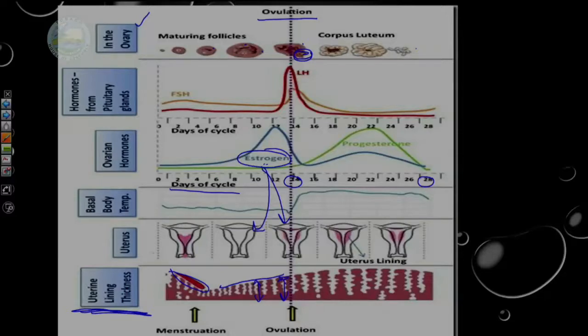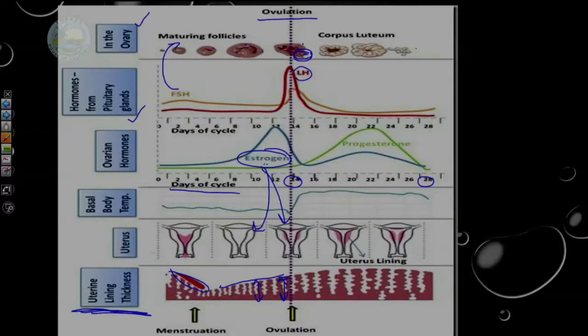We also have from the pituitary gland follicle stimulating hormone, which is going to stimulate the follicles to develop. So that happens early in the cycle. And then we have luteinizing hormone in the red.